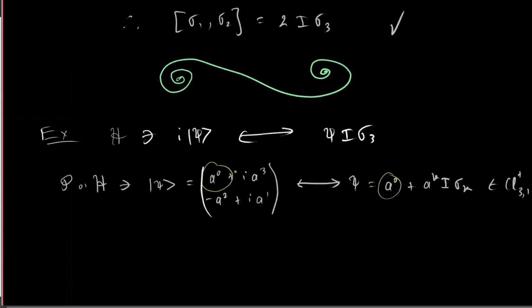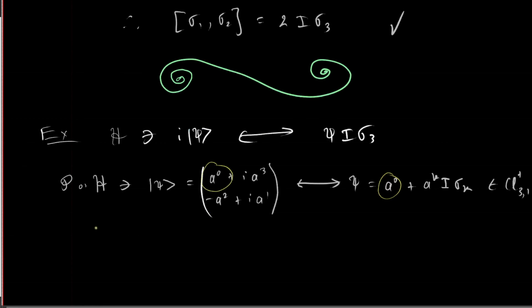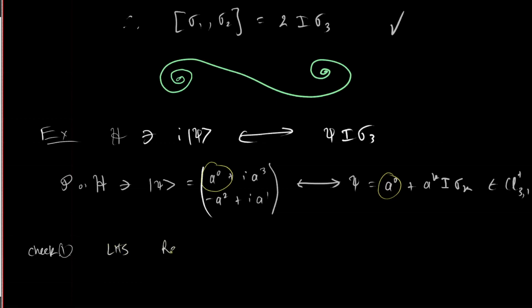But of course we've changed that when we multiply by I. So on the left hand side, check 1, I guess, on the left hand side it will be the real part of I, and it's going to be the first component.